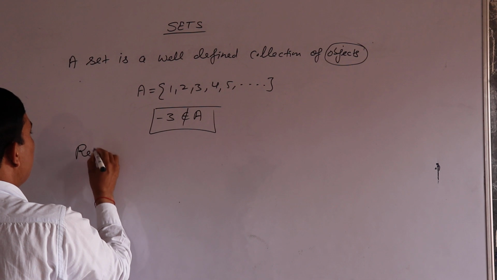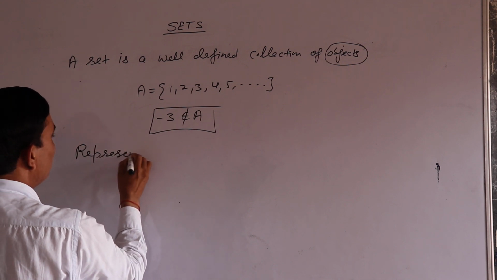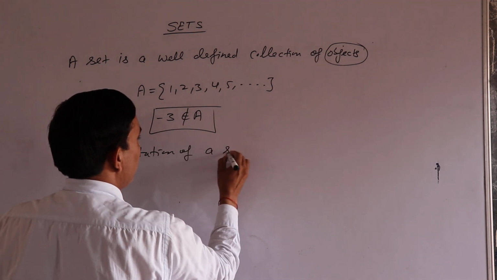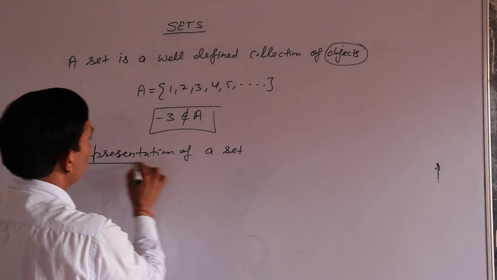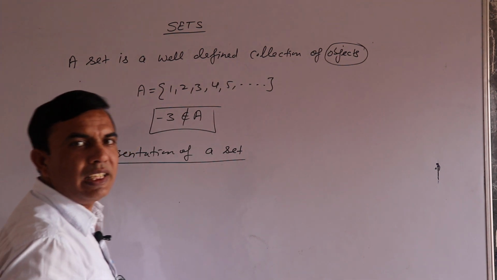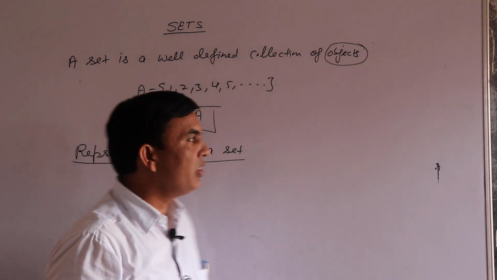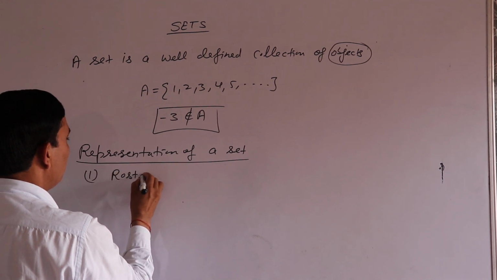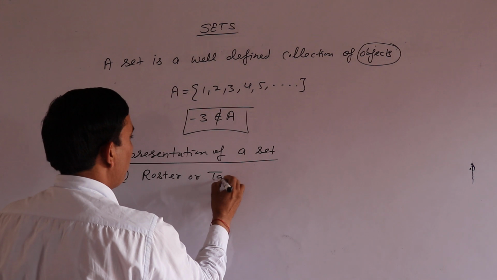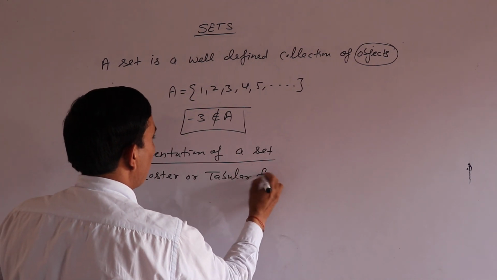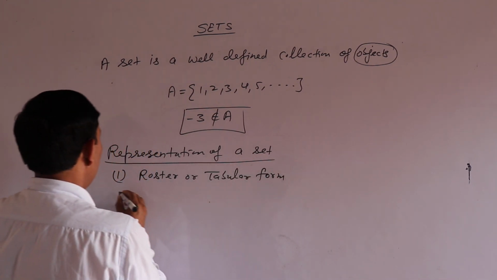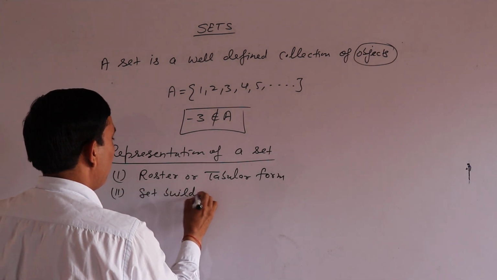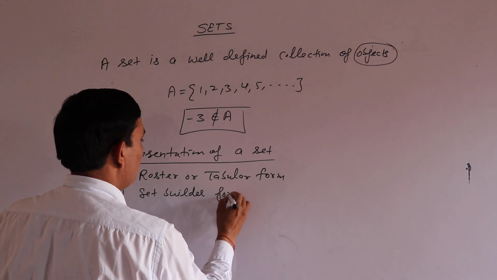Now, representation of a set. We can represent a set in two forms. First is the roster or tabular form. Second is the set builder form.